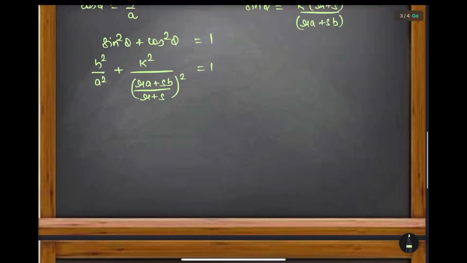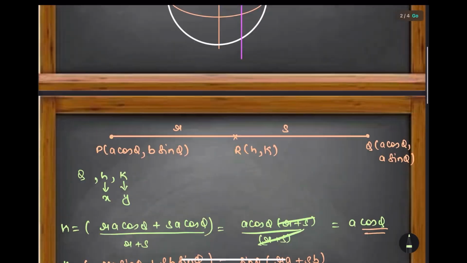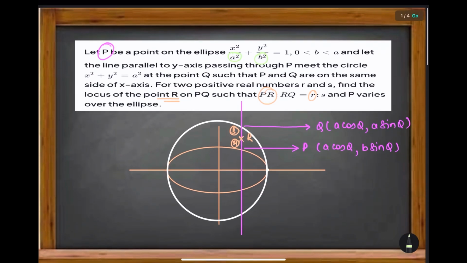So h will be replaced by x and k by y. So x square by a square plus y square by ((ra plus sb) by (r plus s)) whole square equals 1. Okay, so this is the required locus that we were searching for. I hope the idea is clear.